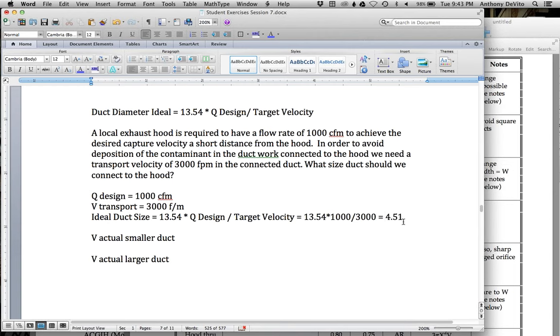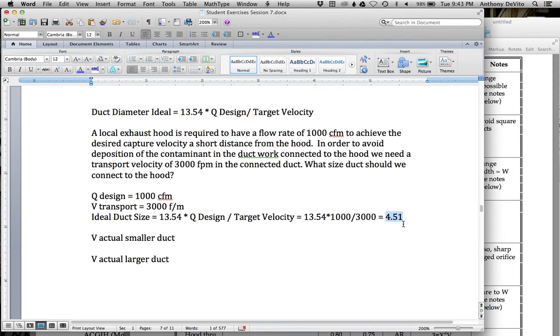So what size duct do we need? Well, I'm kind of in a little bit of a quandary here now, right? If I go to 5, I'm oversizing it. If I go to 4, I'm undersizing it. So now you got to make a decision. If I go to 5, I'm not going to achieve the transport velocity I want, right? But I'm so close.